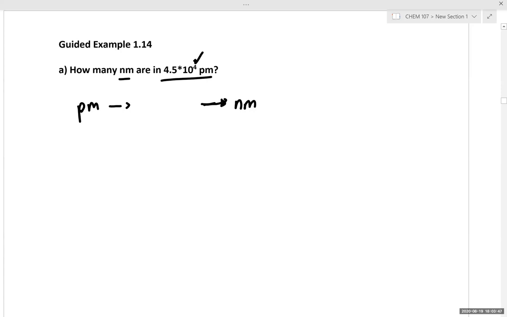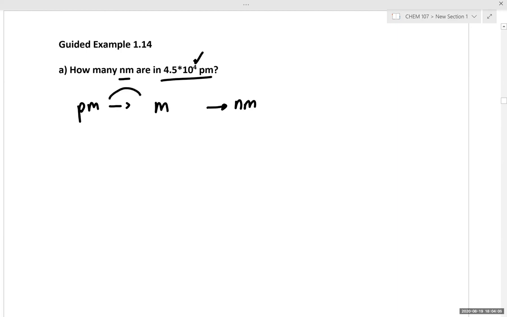Okay? However, I'm not going to go directly from picometer to nanometer. Instead, I'm going to go through the base unit of meters. Okay? Now that I have my solution map, we're ready to begin.